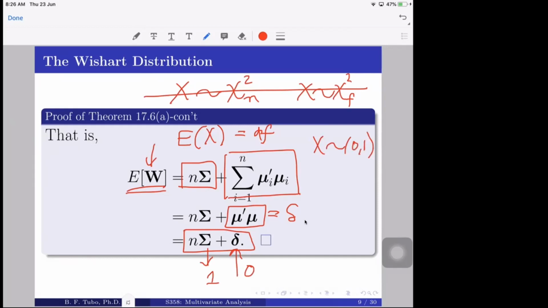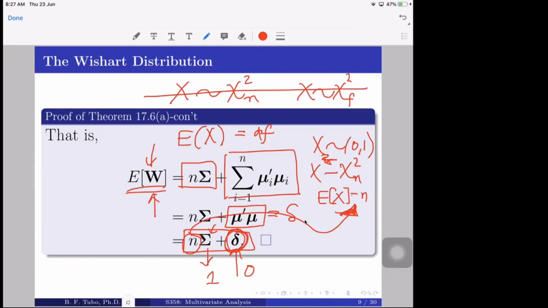So when it is chi-square with n degrees of freedom, the expectation of x is n, because this becomes 1 and this becomes 0, no? But in general, for a generalized chi-square, or what we call the Wishart distribution, the expected value of that random variable is n times sigma plus delta. Do you understand?